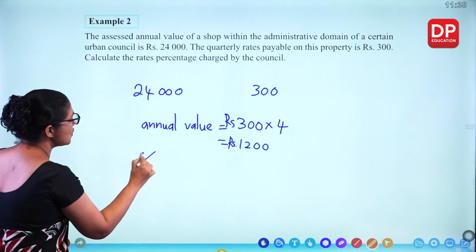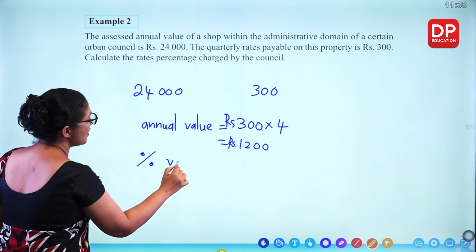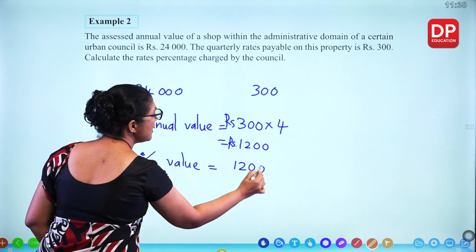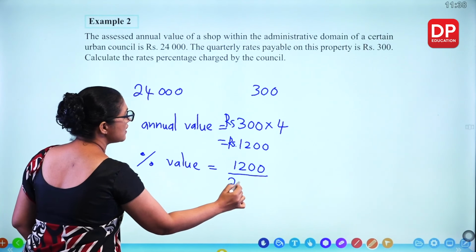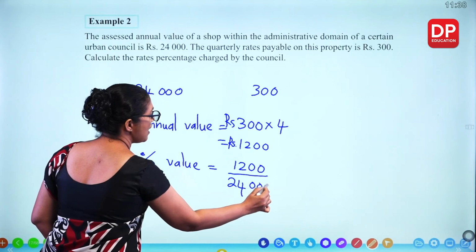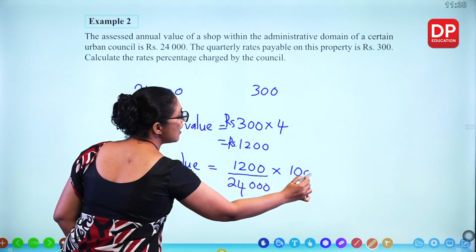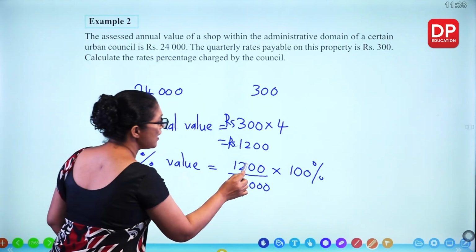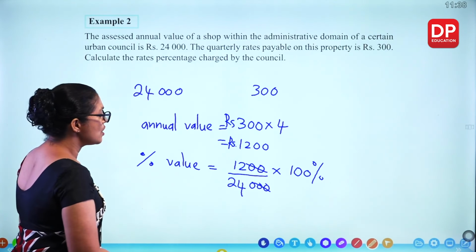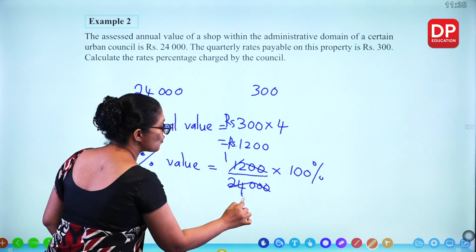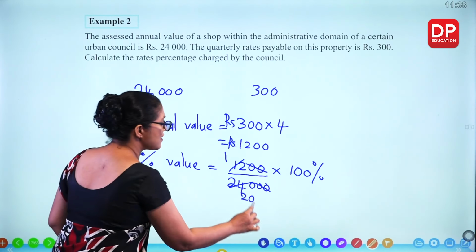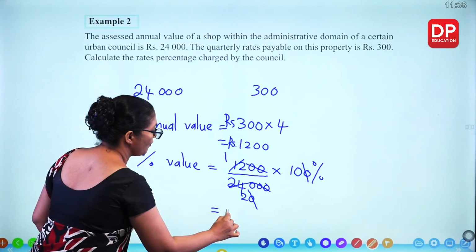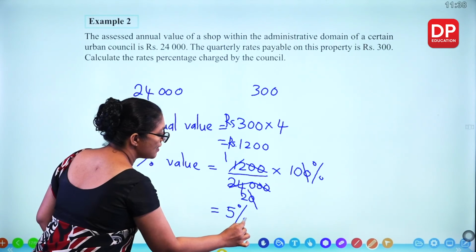So percentage value is equal to the amount you are paying for the whole year divided by the total amount and multiply by 100%. So simplify. These two get cancelled out. 12 times 1, 12 times 2, and then 1 0 get cancelled out. 10 divided by 2, that's 5%.